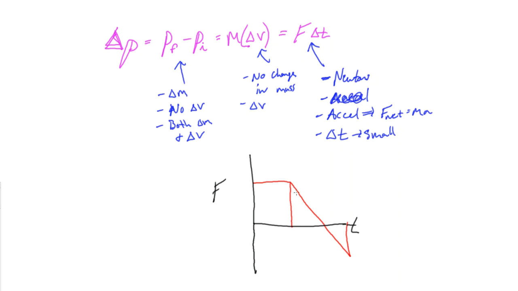What does this tell me? This tells me that this experienced a positive force for some time, and that would be your impulse right here. And that would be denoted as positive.